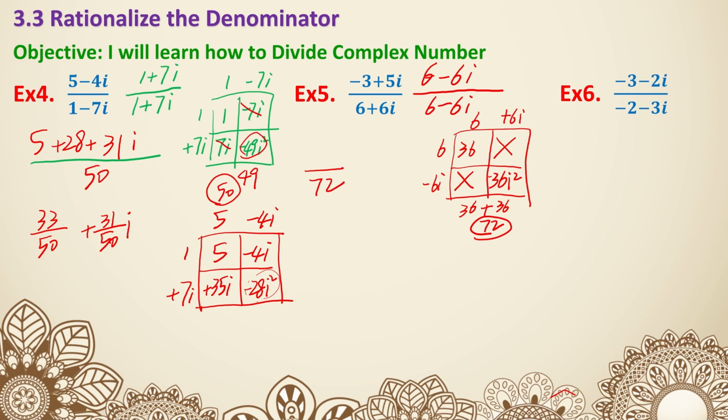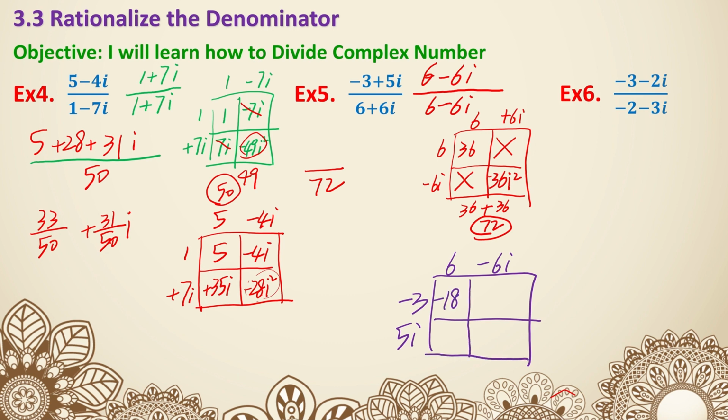Okay, let's deal with the top. 6, negative 6i. Then it's negative 3 and a 5i. Negative 3 times 6 is negative 18. Negative 3 times negative 6i is a positive 18i. 5i times 6 is 30i. 5i times negative 6i is a negative 30i squared.